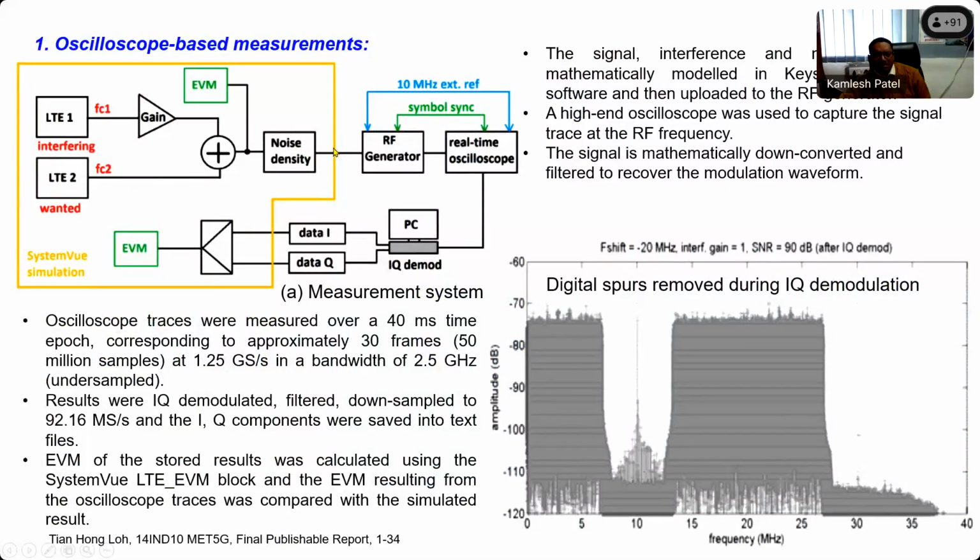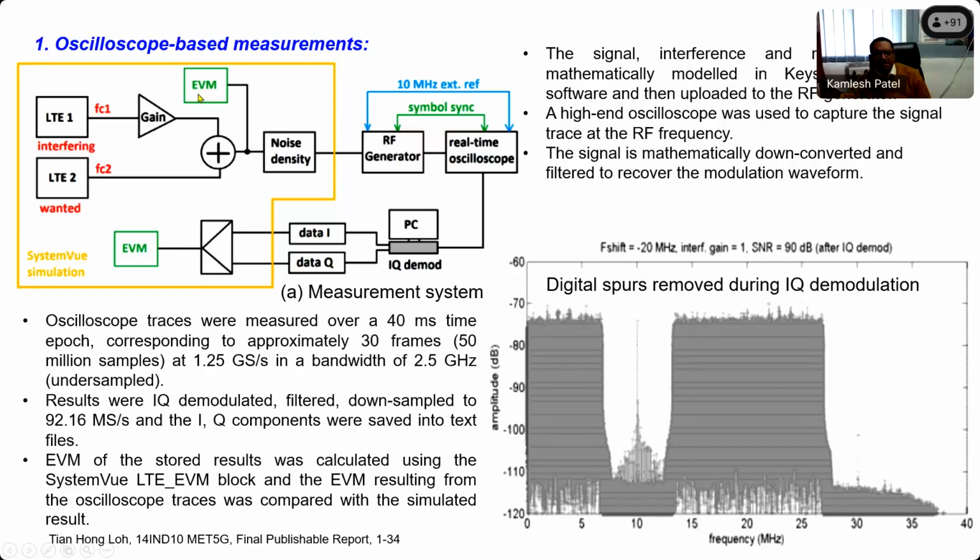The signal coming out of the noise density, after combining the signals from FC1 and FC2 frequency, is given to an RF generator. It is demodulated in the form of symbols in the real-time oscilloscope and given back to the IQ demodulation. IQ demodulation separates the incoming signal into the I data, the in-phase data, and the Q data. This is again combined, and the value of error vector magnitude is captured.